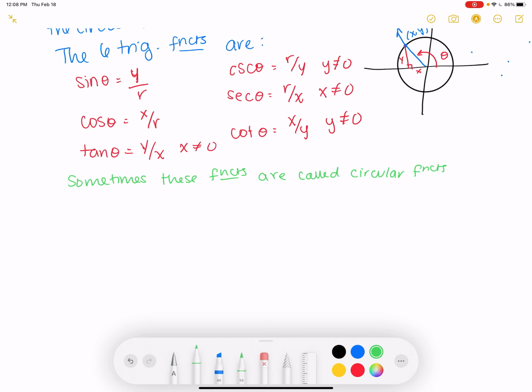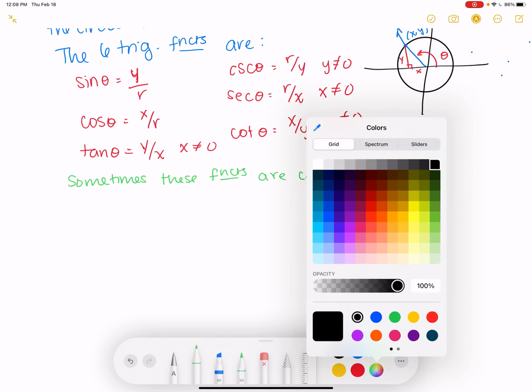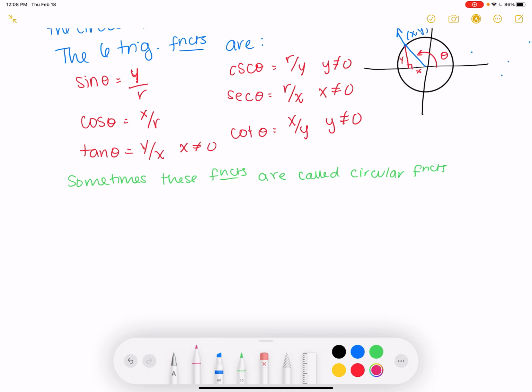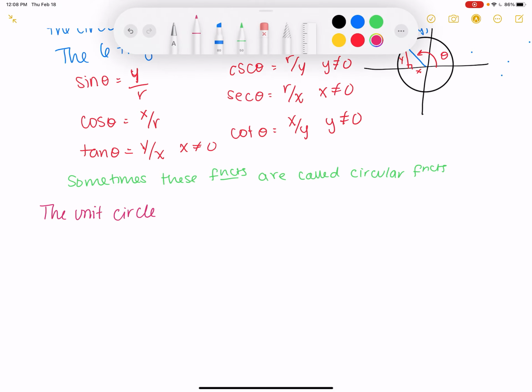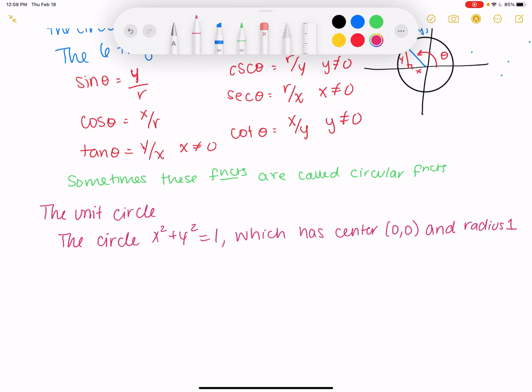But the unit circle definition: the circle x squared plus y squared is equal to 1, which has center (0, 0) and radius 1, is called the unit circle.